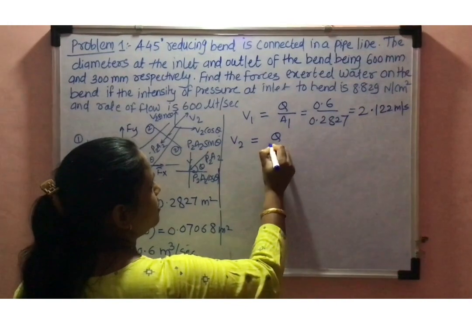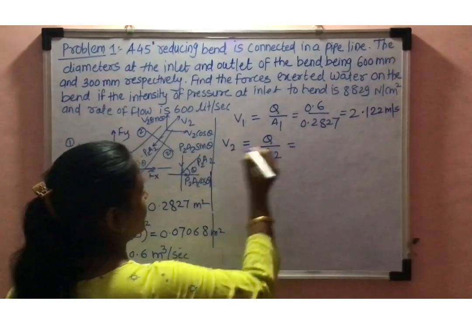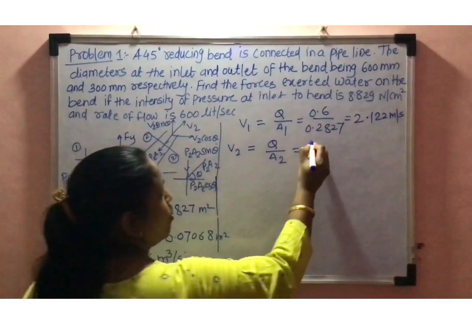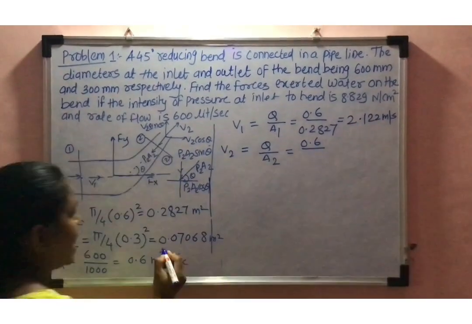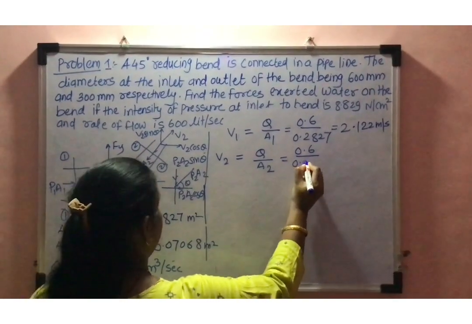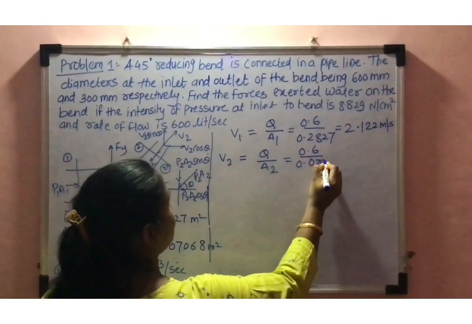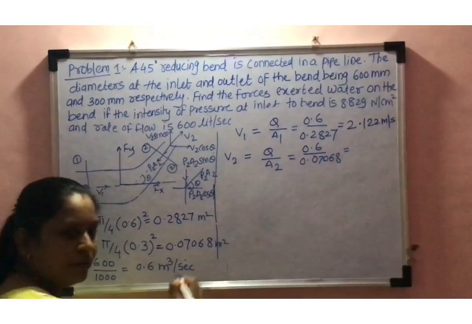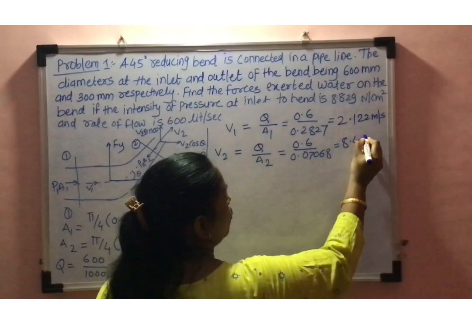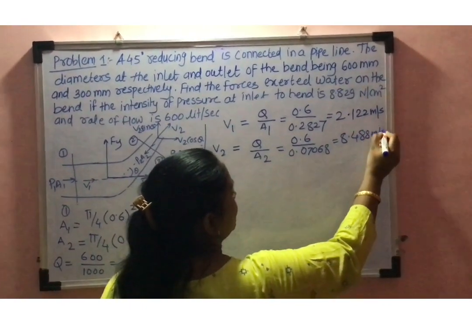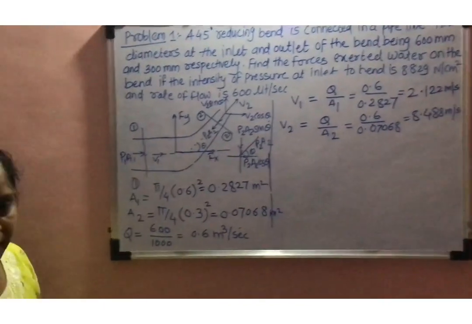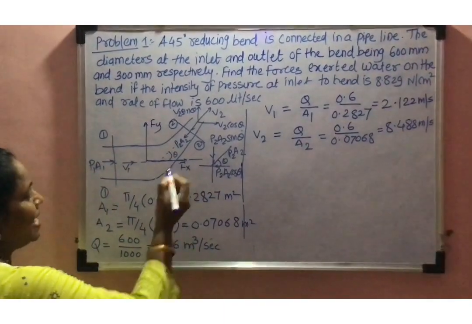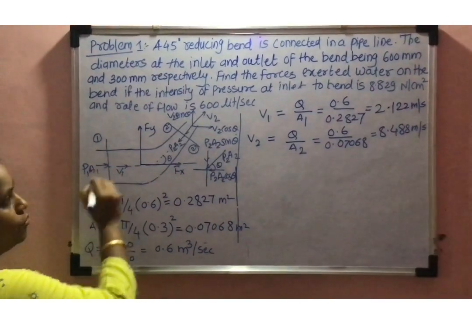So discharge upon area of cross section at outlet, that is at section 2. So 0.6 upon area 0.07068. So the value here we got is 8.488 meter per second.